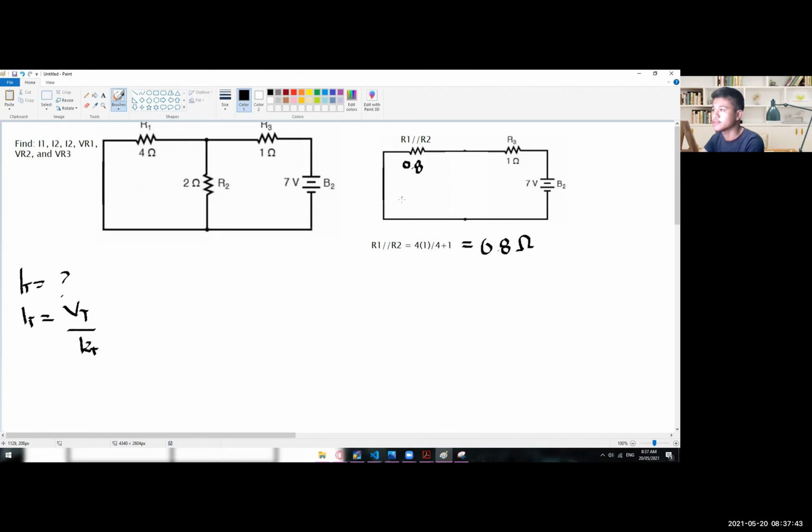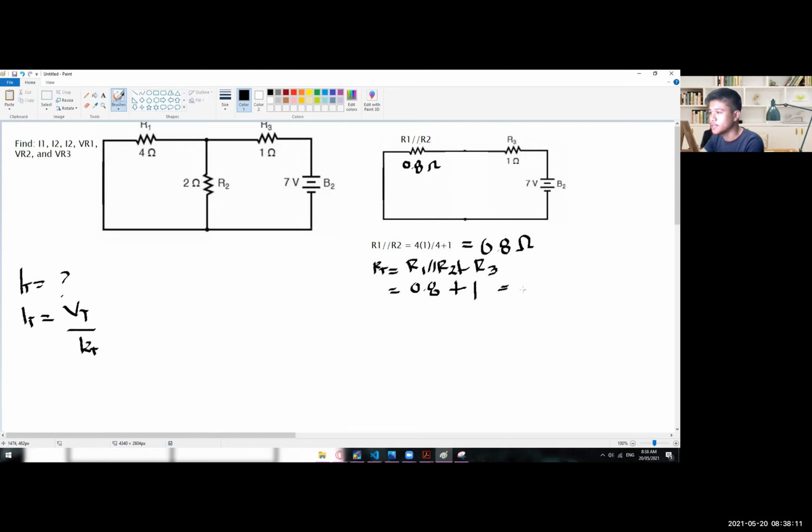0.8. So from here, you can now combine the R1, R2, and R3 for you to be able to get the R total. So R total is equal to R1 parallel to R2 plus R3, wherein R1 parallel to R2 is equal to 0.8 and the R3 is 1 ohm.